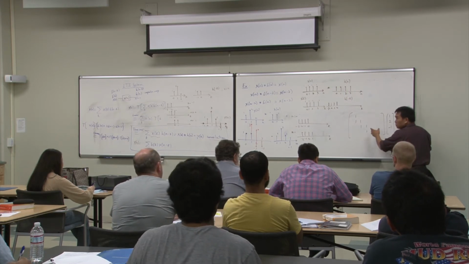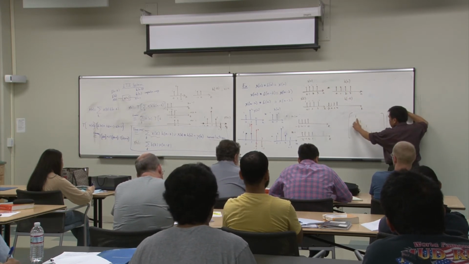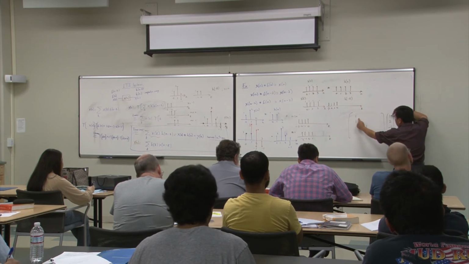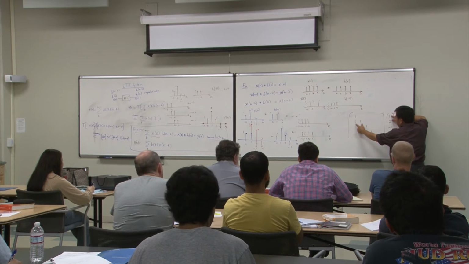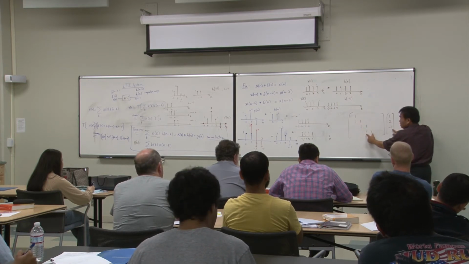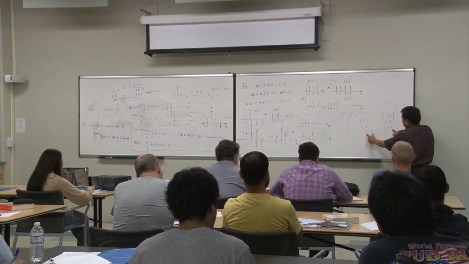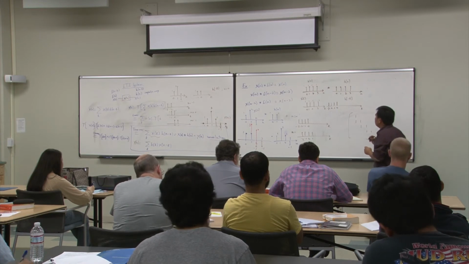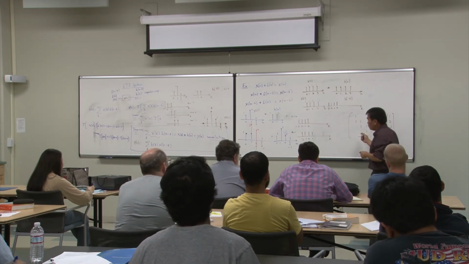So if you think about this, if you have this 1, 3, 1, and then minus 1, you can do it the matrix way.